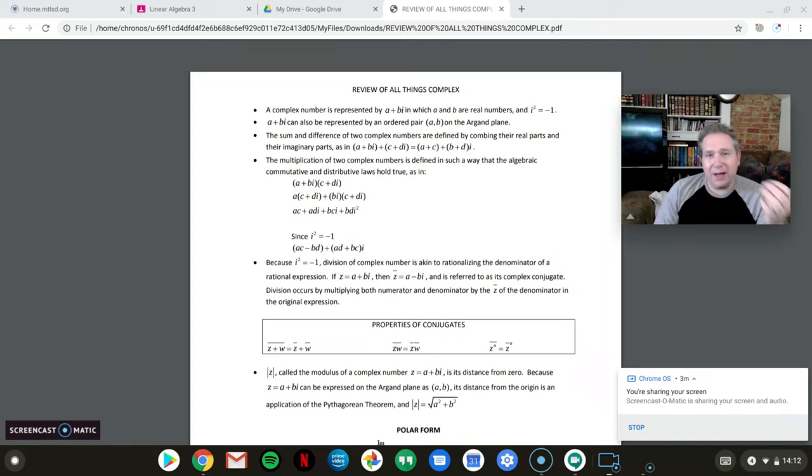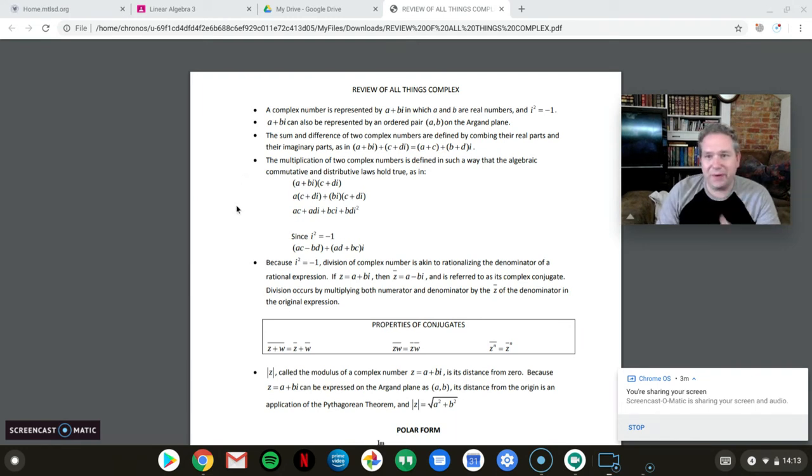So we're reviewing complex numbers here because we're going to be using them in looking at what happens when you have matrices filled with them rather than just real numbers. Again, we all know what a complex number is. These first couple of bullet points are just reminding you of how to multiply them out and add them together.